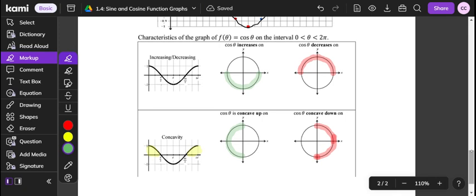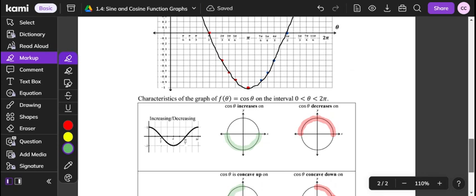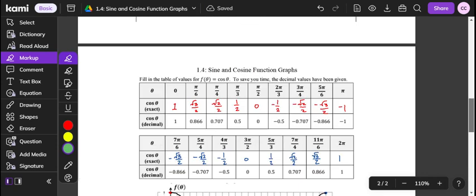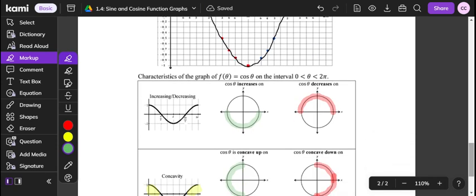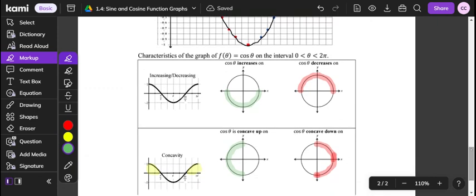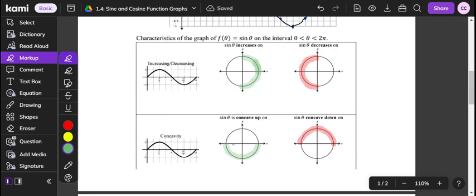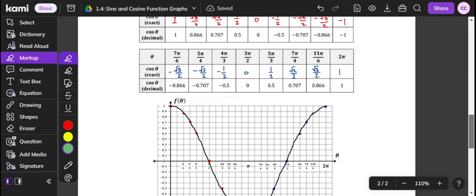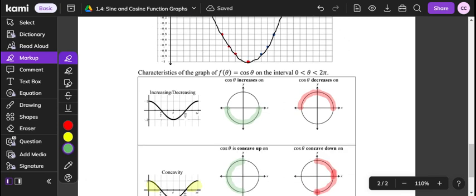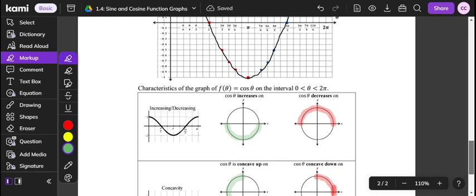Okay, now what I want you guys to pay attention to is what we highlighted. So the sine and the cosine should just be flipped, right? Wherever sine is concave up and concave down, that's where cosine is increasing and decreasing. And then vice versa.